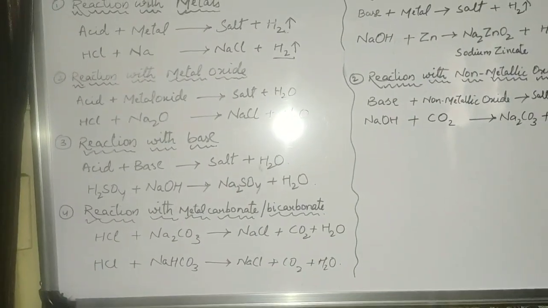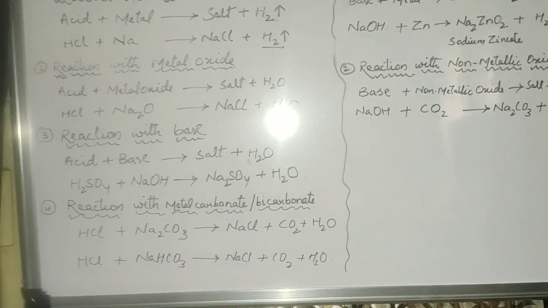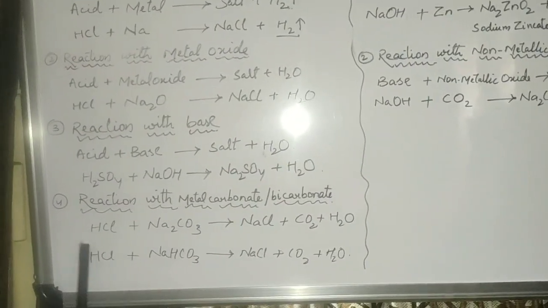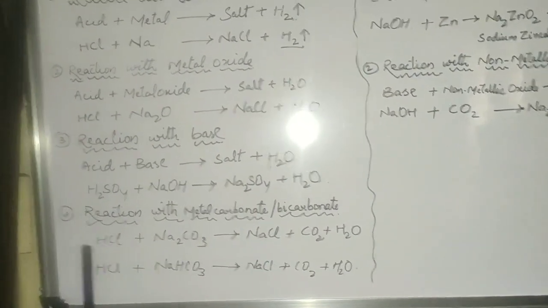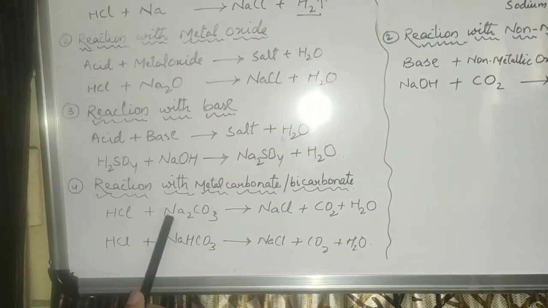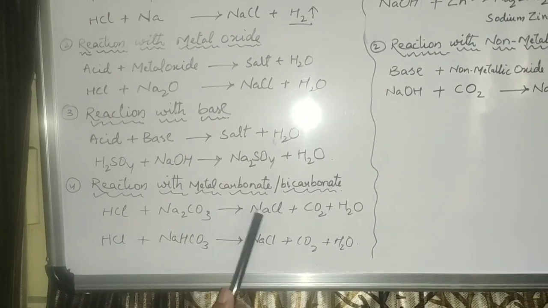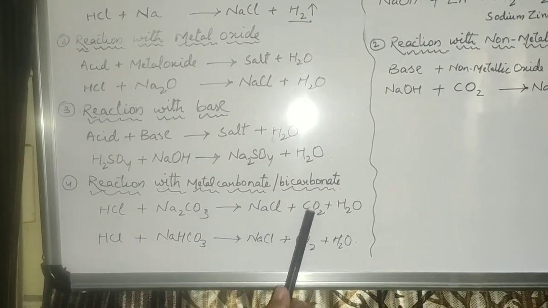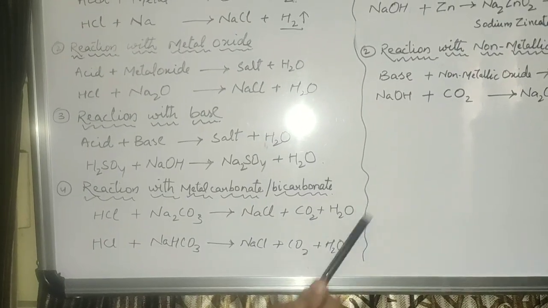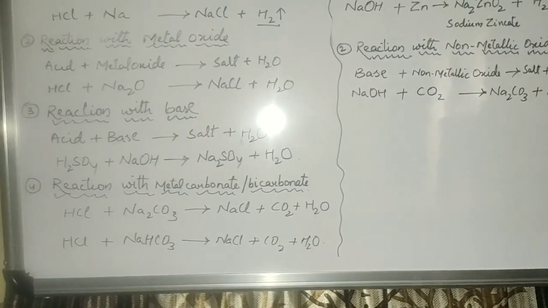Now, fourth property, reaction with metal carbonates or bicarbonates. How does this react with acid? For example, HCl plus sodium carbonate. When sodium carbonate reacts with HCl, it forms sodium chloride plus carbon dioxide and water is released.